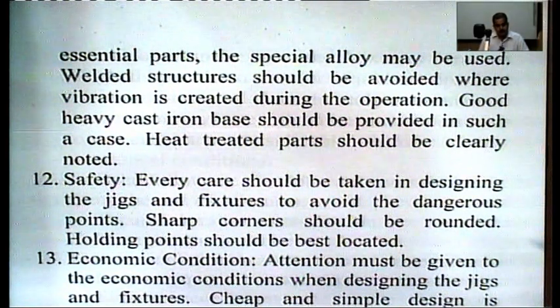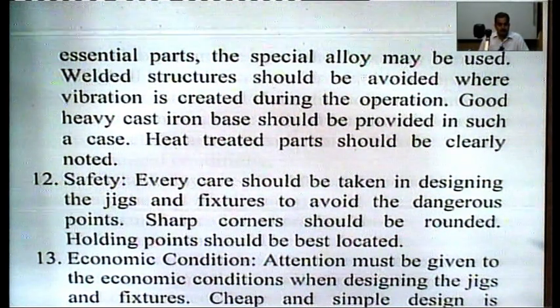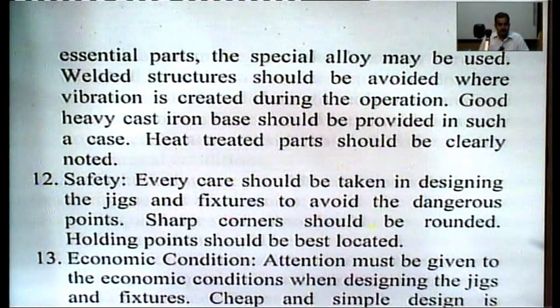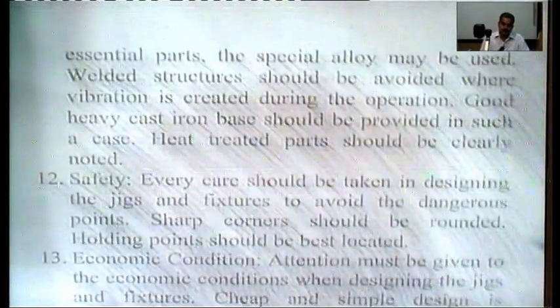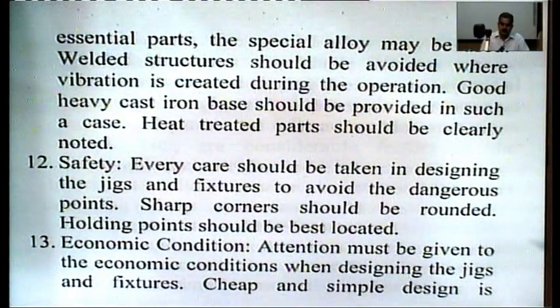And the twelfth point is safety. Every care should be taken in designing the jigs and fixtures to avoid dangerous points. Sharp corners should be rounded. Holding points should be best located. Then, economic conditions. Attention must be given to economic conditions when designing the jigs and fixtures.